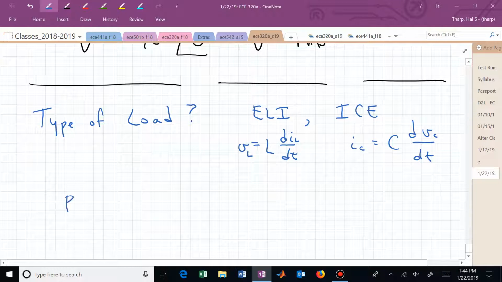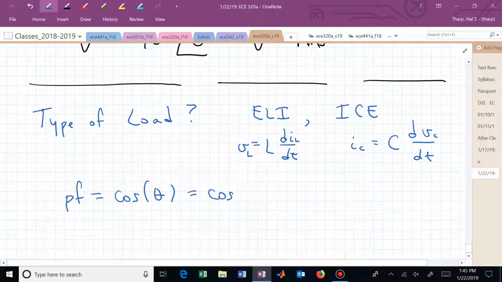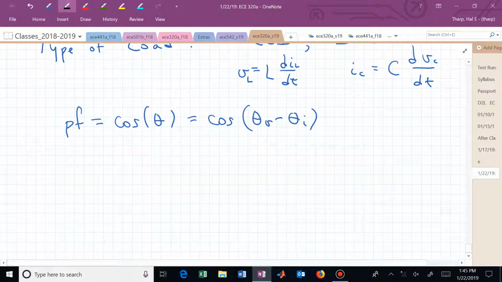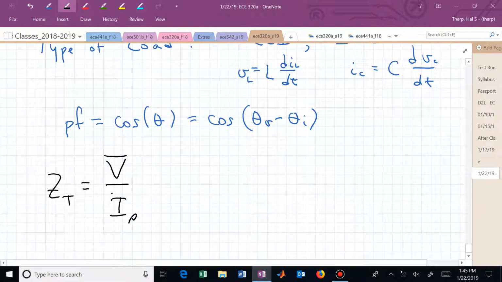And we also know that we can use the power factor formula if we wanted to give us a clue as to the relationship of our voltage and current phasors, or the power factor really is the cosine of the impedance's angle, which is now theta sub V minus theta sub I. Or, I'm giving you a lot of different ways of thinking of this, the net impedance, the total impedance seen by the source, we can now use the generalized Ohm's law.